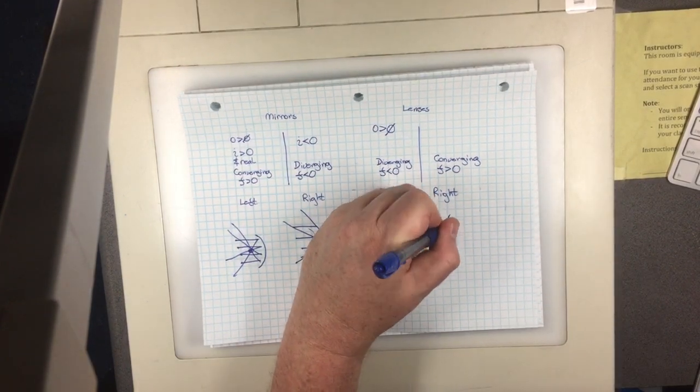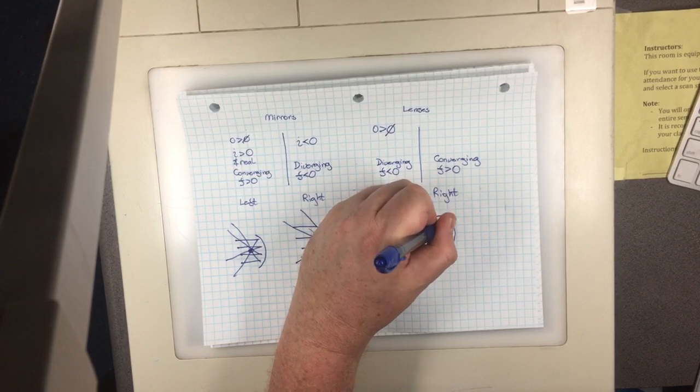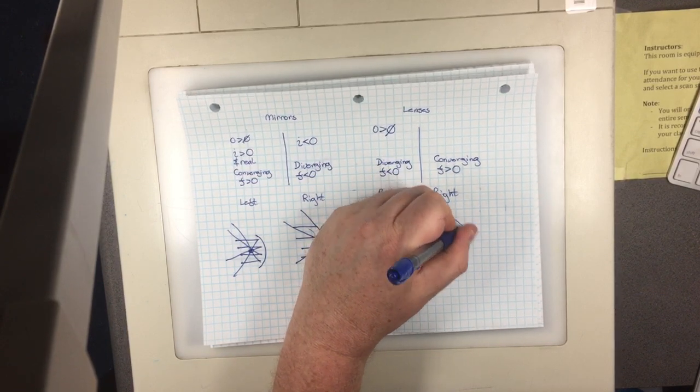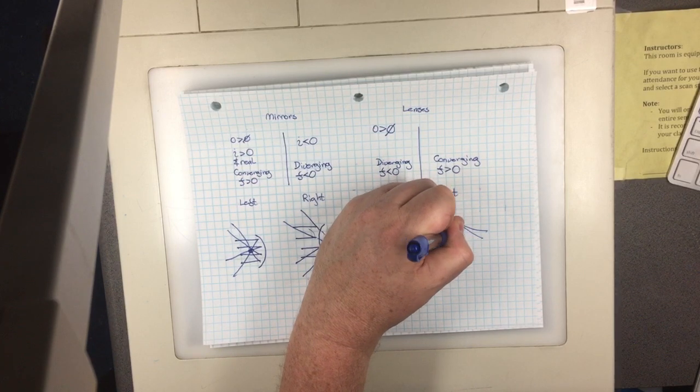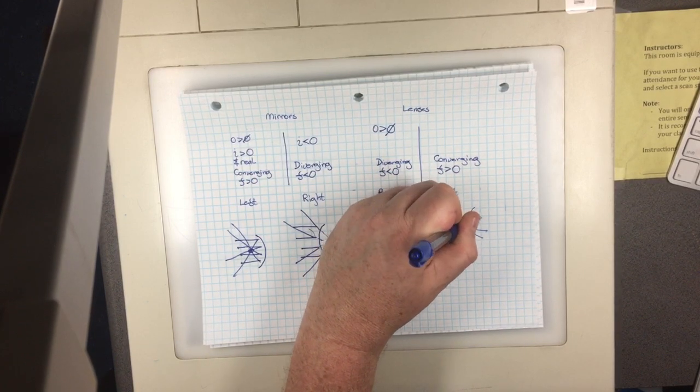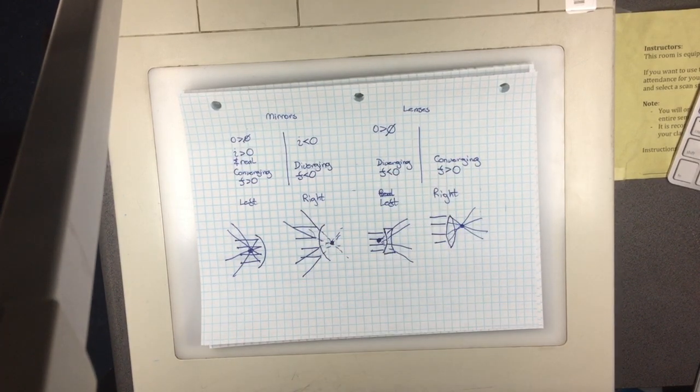For a converging lens, which is what most people think of as a lens, that light ray all focuses at the same point.